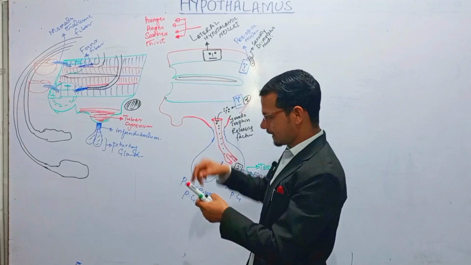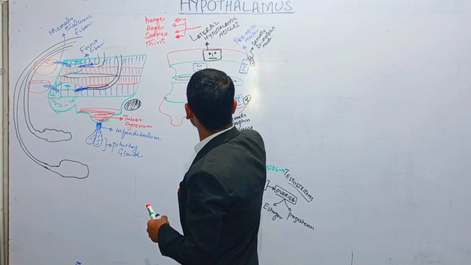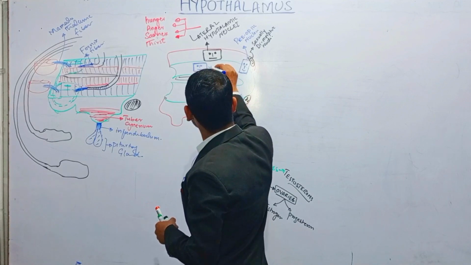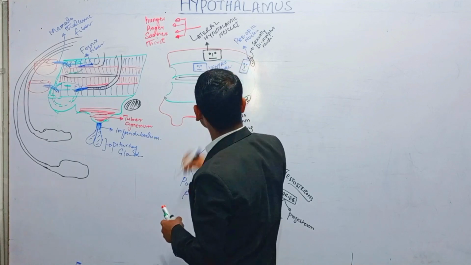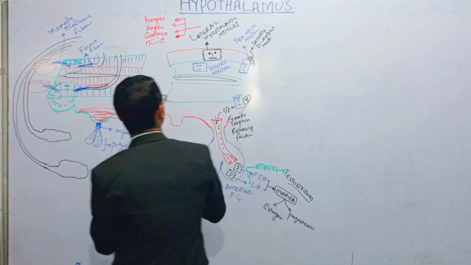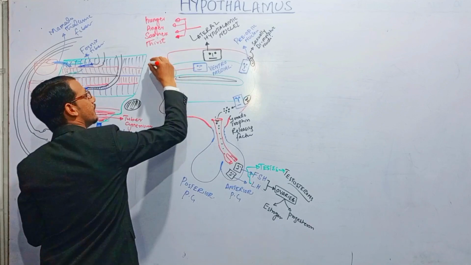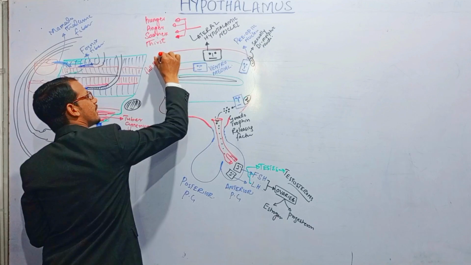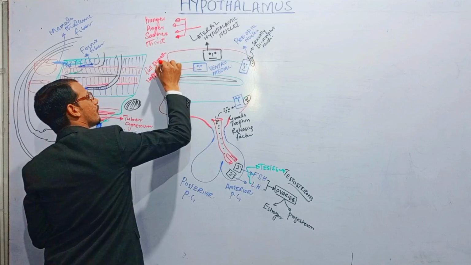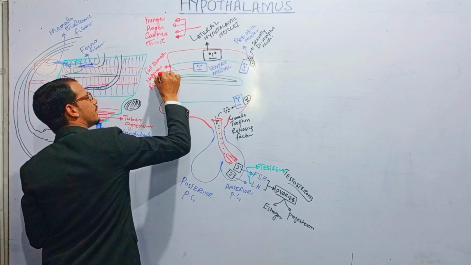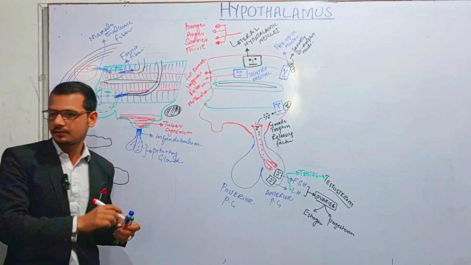Now on the medial side, a nucleus is present which is called the ventromedial nuclei, and this is just the opposite of the lateral nuclei, which is responsible for a full stomach, happiness, relaxation, and no thirst, right?